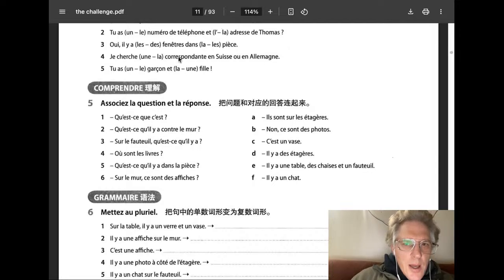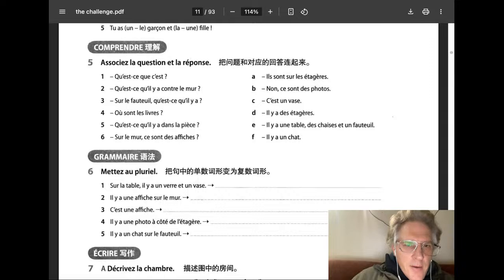Ensuite, okay, so it's going to be une. Tu es un garçon et une fille. You have a and a. Good. All right, so section 5. I think she did okay with this section.